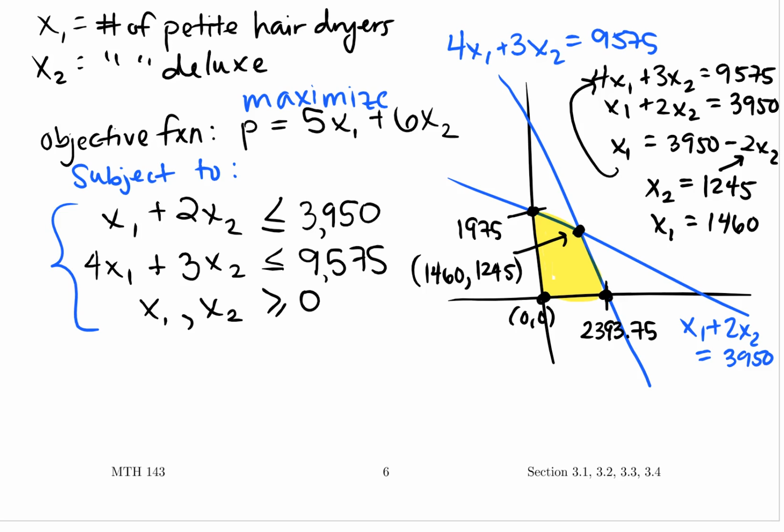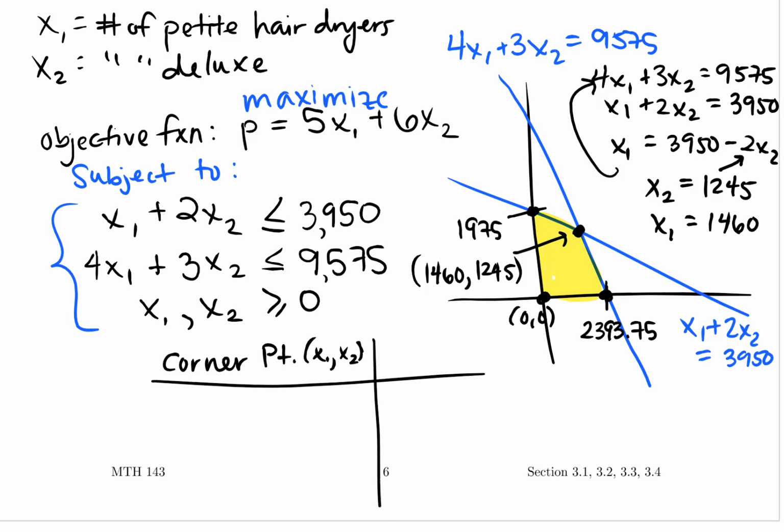So now that we have all four of our corner points, we want to make what's called a corner point table or a corner point chart, and we just want to test each of the corner points in our objective function. So I'm going to go ahead and list the corner points. Here's my corner point, it's an x1, x2 pair.